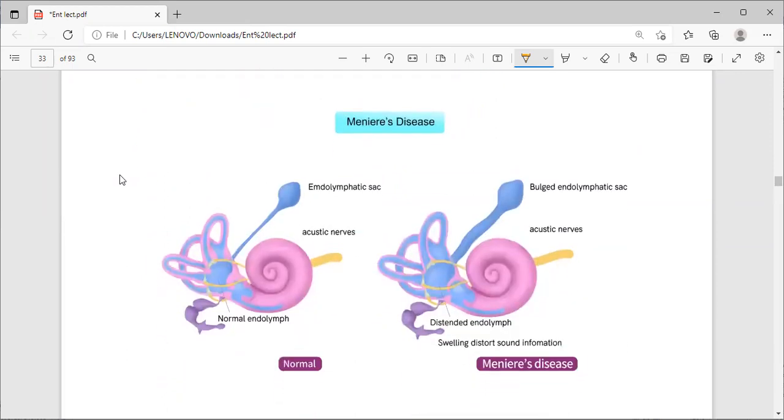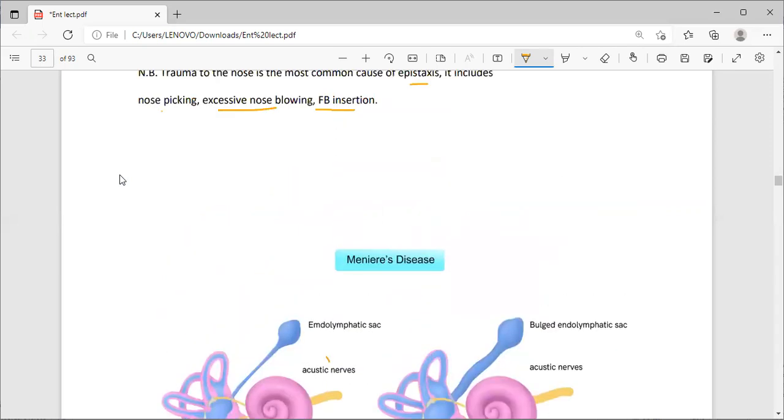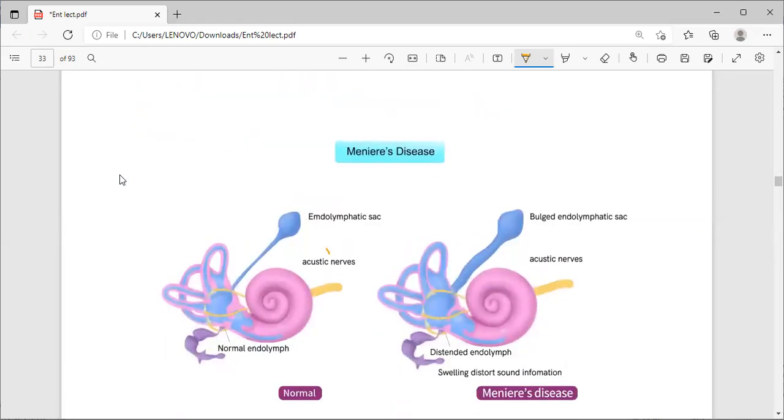Now, what is Meniere disease? Okay, let's move further. Let me briefly tell you what Meniere disease is.